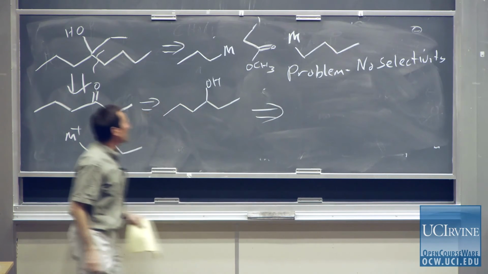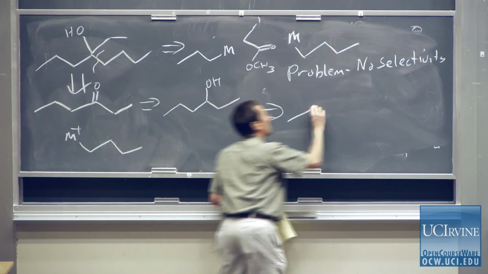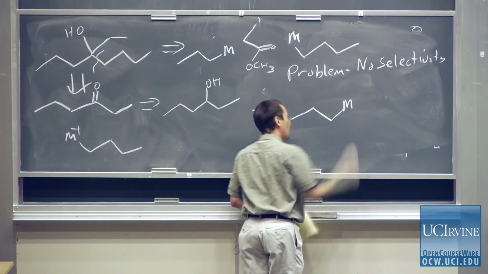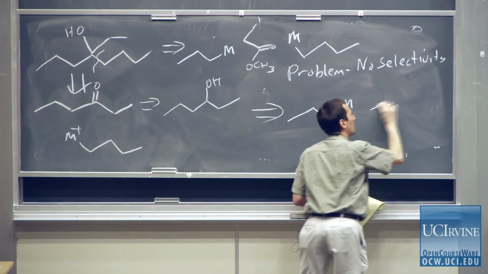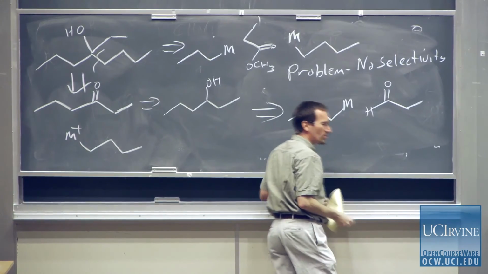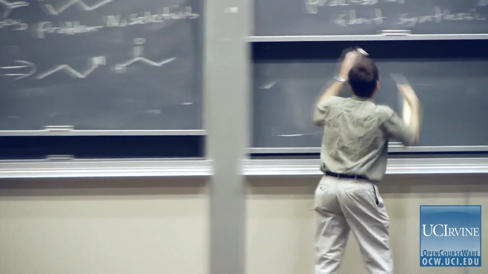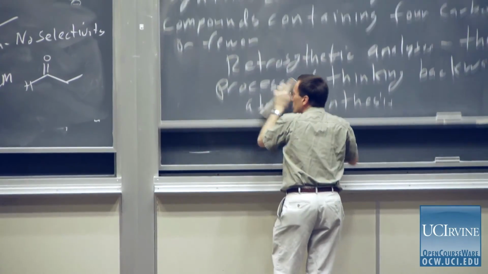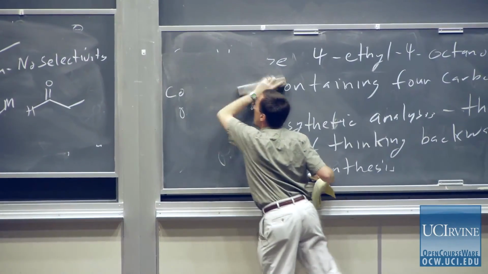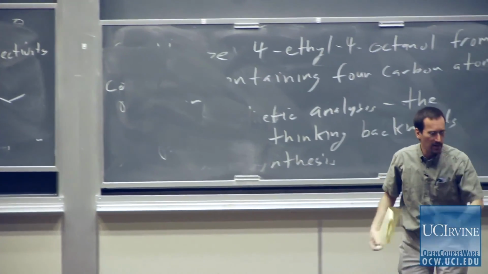But now I can think backwards again to a propyl metal reagent and propanal. At the strategic level, we've now broken this molecule apart. We've used the process of thinking backwards to figure out how we can put this molecule together.